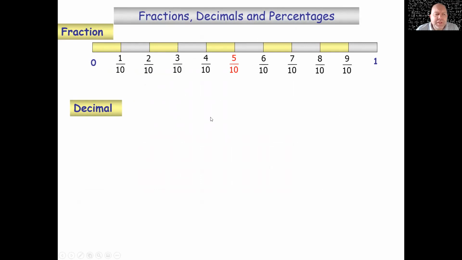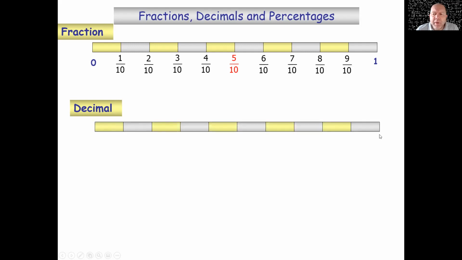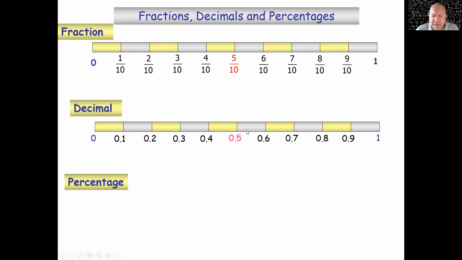Now that corresponds in decimals. Remember, the tenths column in decimals is the first one after the decimal point. So the same number bar, we've got 0.1, 0.2, 0.3, all the way through. 0.5 is our half, so it matches the 5/10. 0.6, 7, 8, 9, and then the whole one.